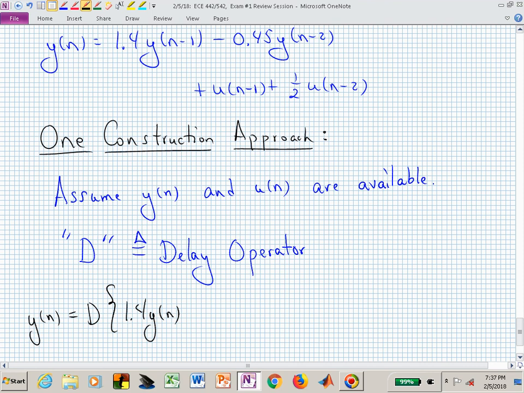Is that making some sense? I really haven't changed this equation at all by using this delay operator. And I can do something similar with u of n minus 1. I can say, oh, plus u of n. And those are just going to pass through one delay operator there.